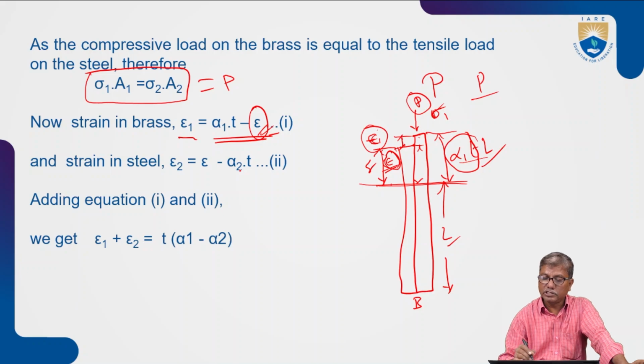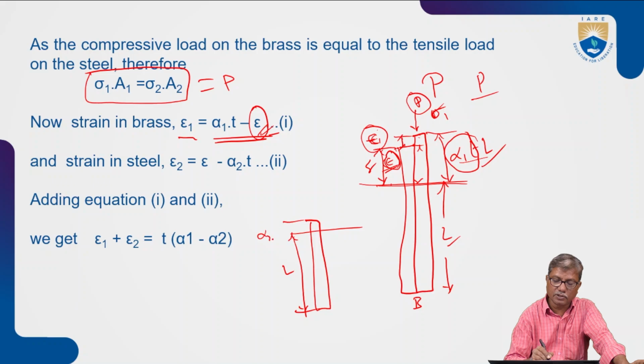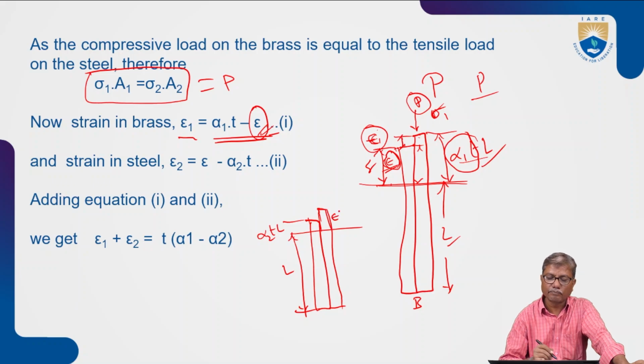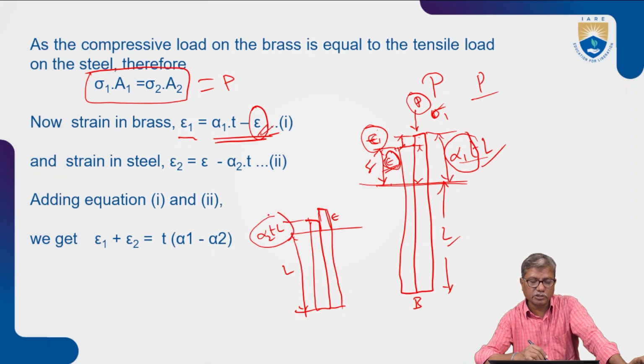And strain in steel bar. What is strain in steel bar? Beyond its initial length, it expands by alpha 2 TL if it is free to expand. But because of the rigid connectivity between brass and steel, it expands beyond this free expansion to a length delta beyond initial length.